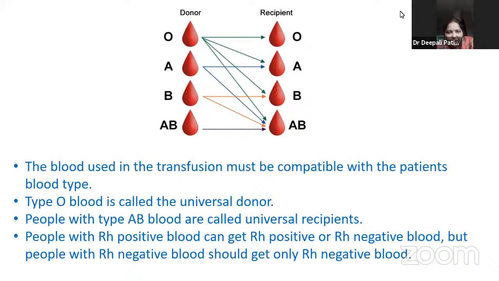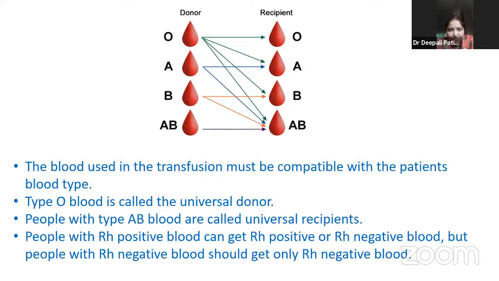Here is another diagram giving an idea about cross matching. The first column is about the donor's blood group and the second column is about the recipient's blood group. Person having blood group O can donate blood to patients having blood group O, A, B, and AB.